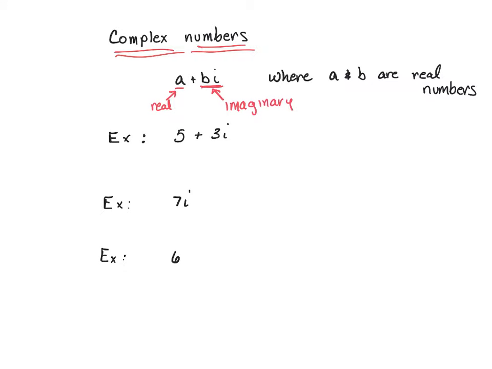We can't add these two numbers, the a plus bi. So for example, here I have a 5 plus 3i. So 5 is the real portion, and 3 is the imaginary portion.